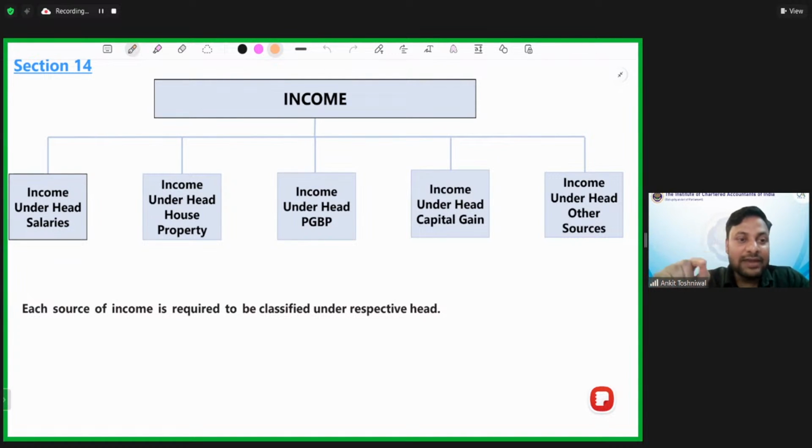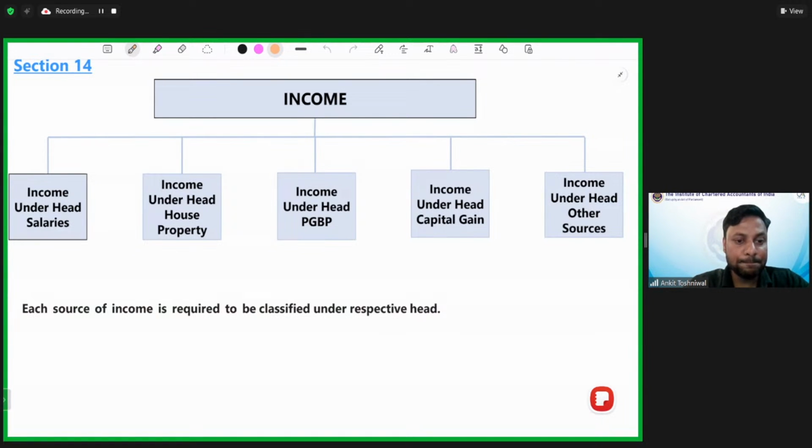We cannot say that if an income is taxable according to the Income Tax Act under the head salary, we can show it under the head house property. That is not possible. This is not allowed. We have to show the income of a particular head under that head only. Why? Any idea? Why do we have to do it like this only?